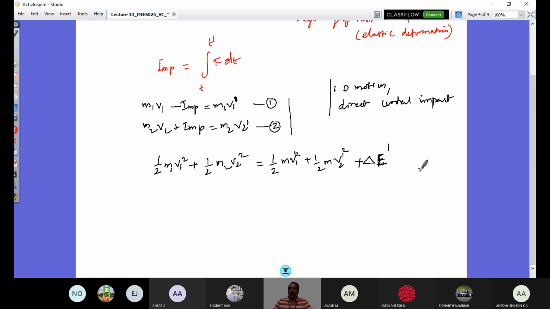So this is now equation number 3. This is the energy dissipated during the collision process.